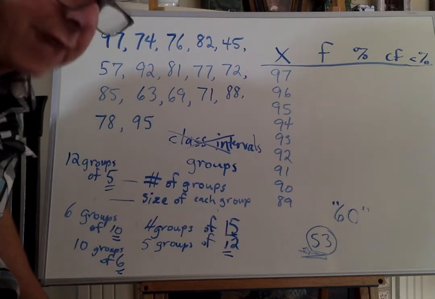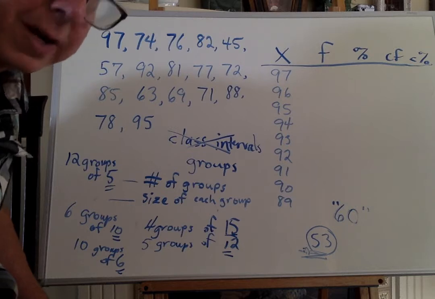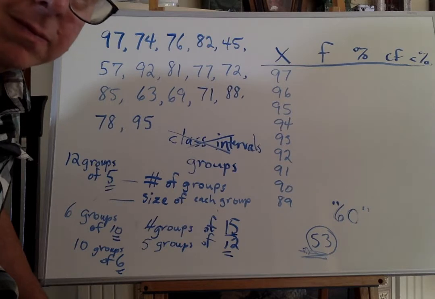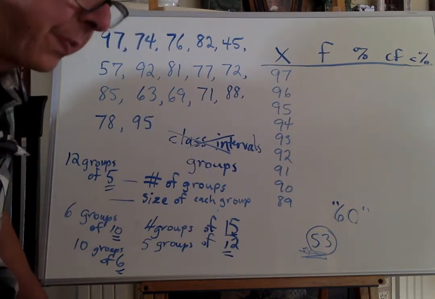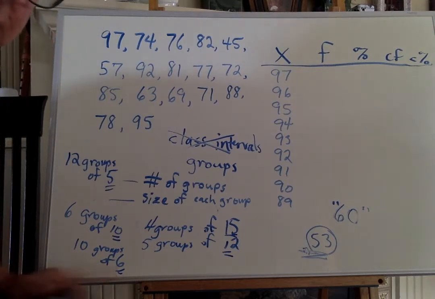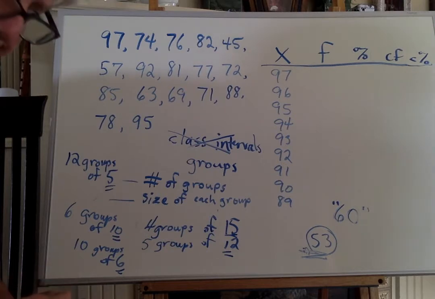Pretty easily, right? 5, 10, 15, 20, 25, 30, 35, 40, 45, 50, right? If I ask you to count to 100 by tens, pretty easy. 10, 20, 30, 40, 50, 60, right? If I ask you to count to 100 by sixes, 6, 12, 18, 24, right? It takes a little bit more time.